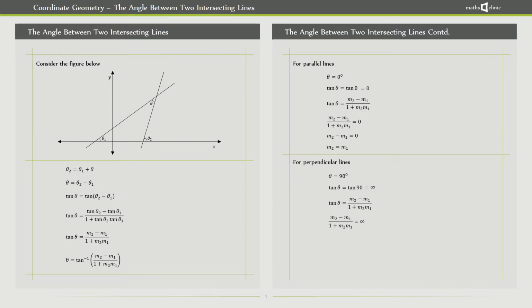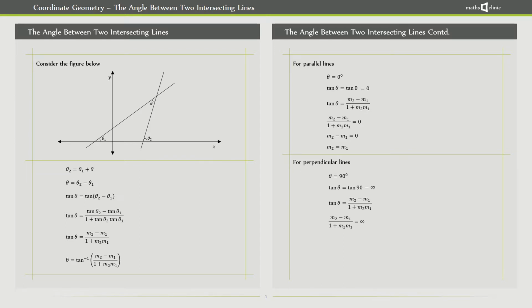So for perpendicular lines, with m1 and m2 the gradients of the lines, (m2 - m1) divided by (1 + m2 m1) equals infinity. So what are we going to do with this? Here's the condition: the one way we usually get the value infinity in maths is when we divide something by 0.